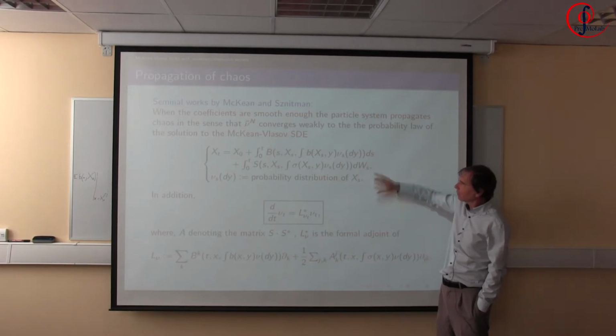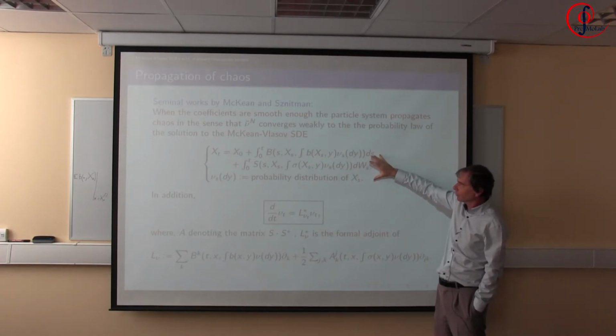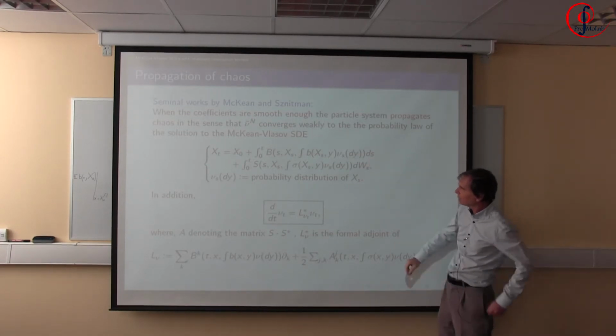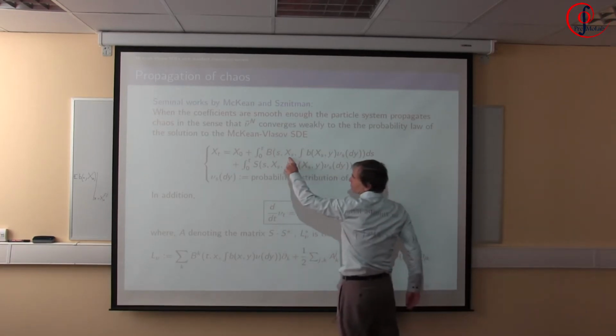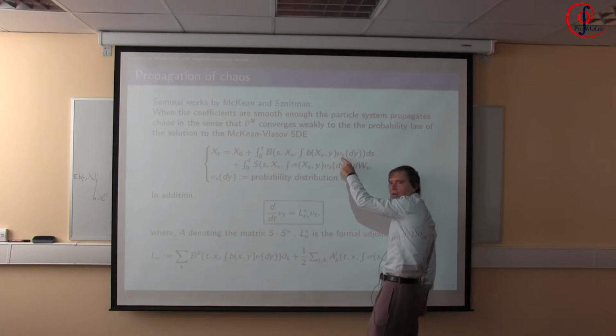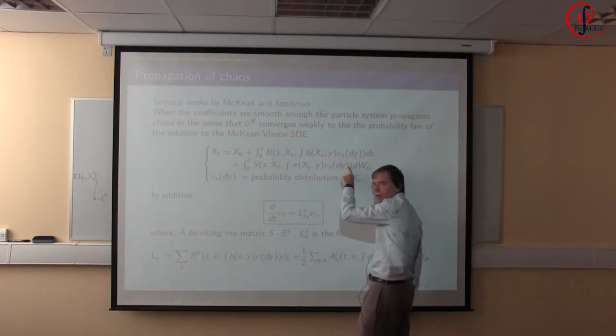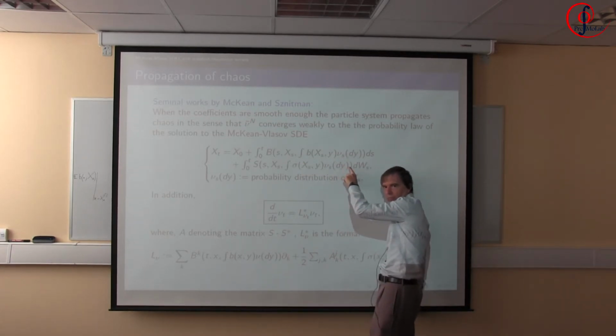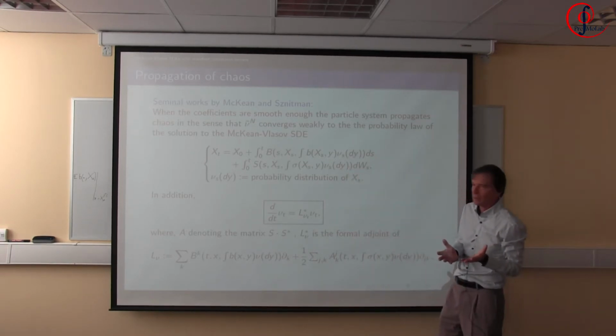So this is a stochastic differential equation of a totally new type. Why? Because the coefficients of the dynamics depend on the probability distribution of the solution you are looking for. So the story is fully nonlinear, obviously.